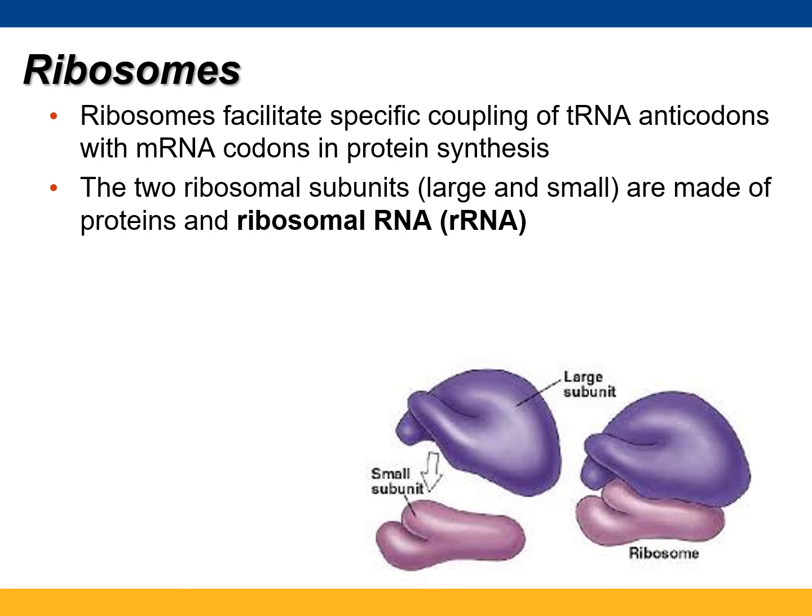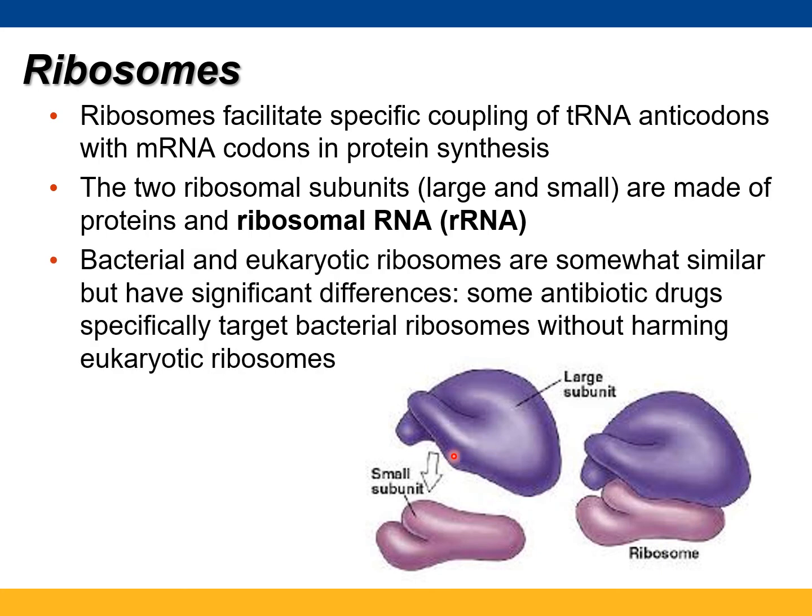That said, there are some important differences, and so there are antibiotics, particularly some of the mycins, that will target bacterial ribosomes without harming eukaryotic ones. It just depends on how much dose you're talking about. There are, in fact, some mycin drugs used in cancer chemotherapeutics that inhibit human ribosomes as well.